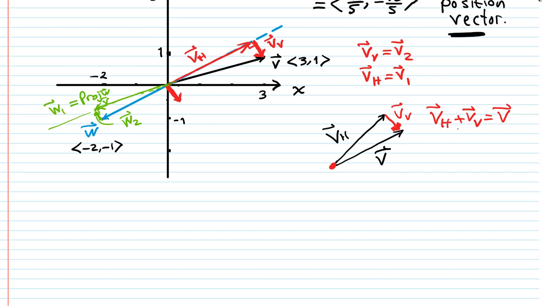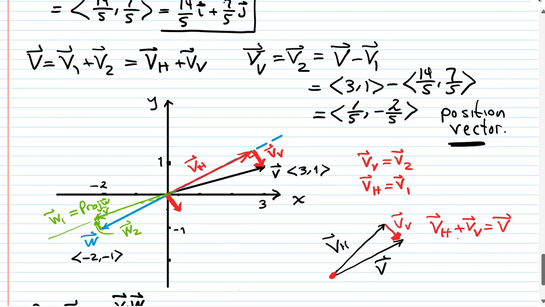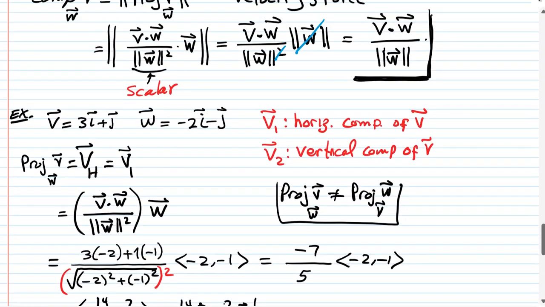So how am I going to find these? Well, let's do it real quick. The projection of V onto W is going to be V dot W. That part doesn't change, because V dot W and W dot V are the same. Now we want V onto W. What did we just find?